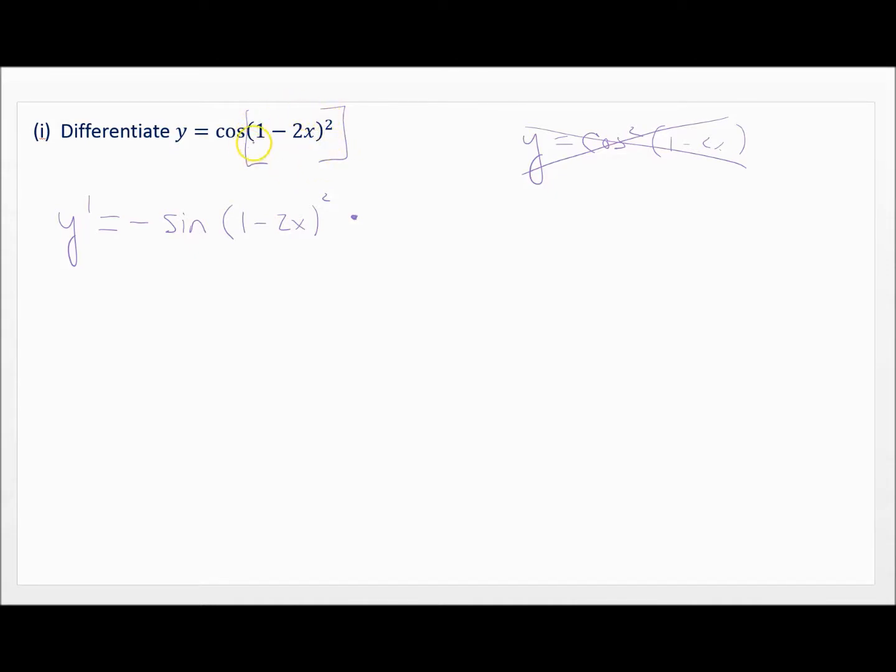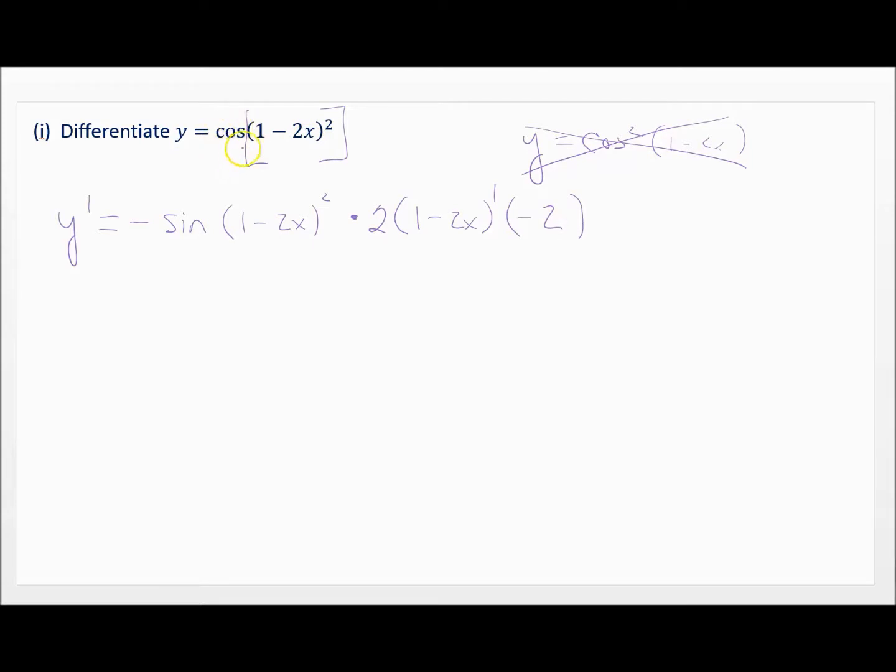So when I use the chain rule on 1 minus 2x squared, I'm using the power rule. I move the 2 in front. So that's 2. I rewrite the inside, 1 minus 2x, reduce that power by 1. Don't forget, times the derivative of the inside. What's the derivative of 1 minus 2x? Well, it's 0 minus 2, so just negative 2. Wow, right?